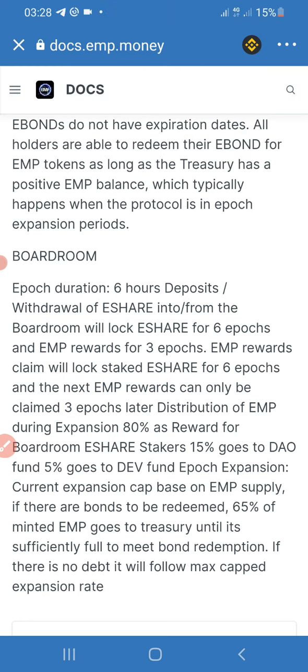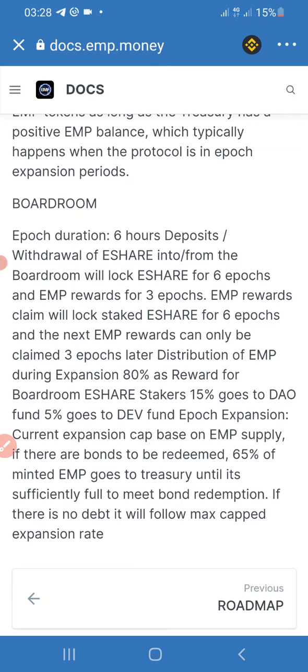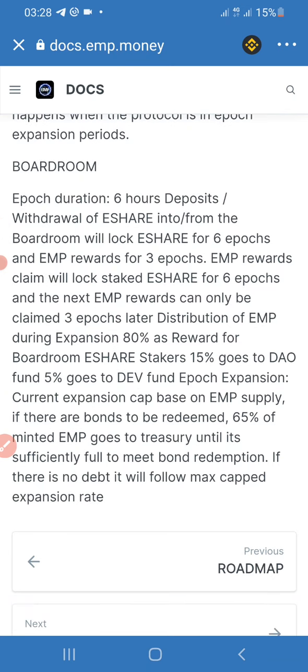So epoch is like, I put in my ESHARE, which is the trust I have in the company. Yes, I put it in. Then I'll be receiving it every three epoch. Now, every epoch is measured as 6 hours, which means that one epoch is 6 hours. So for them, the investment time here for the boardroom to lock your ESHARE is 6 epoch, which means that it is 36 hours.